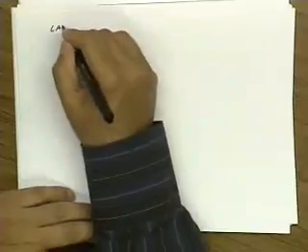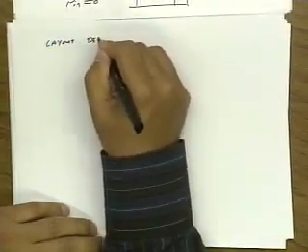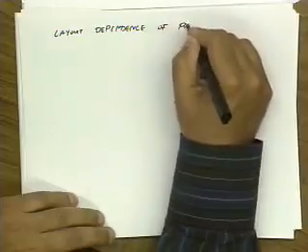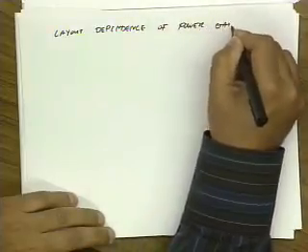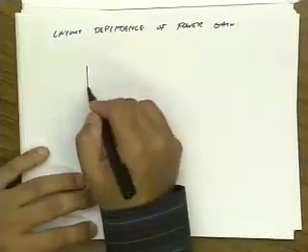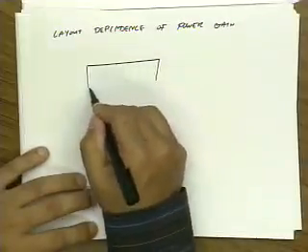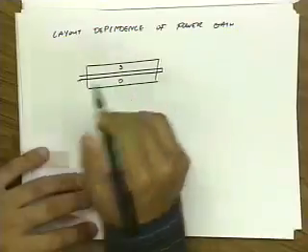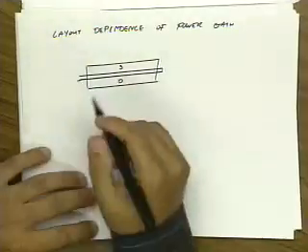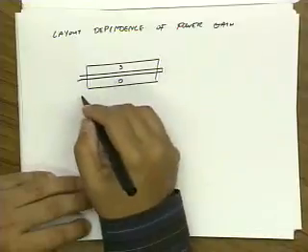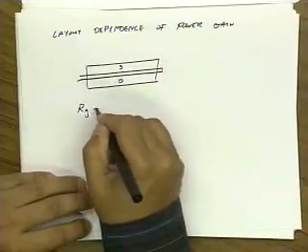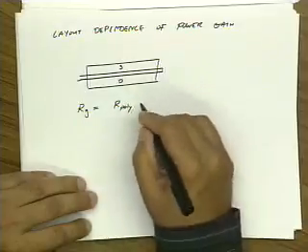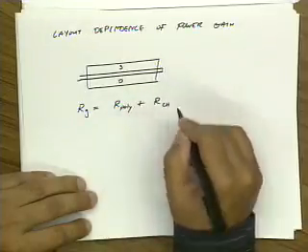Layout dependence of power gain. So let's say you have a FET and you lay it out like this. So this is the gate, this is the source, this is the drain. And remember, our gate has two contributions. So our gate has our poly plus our channel.